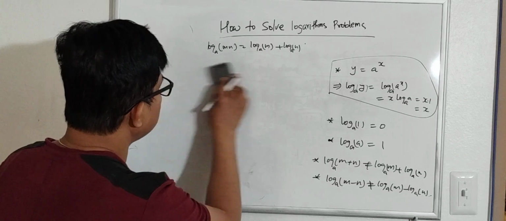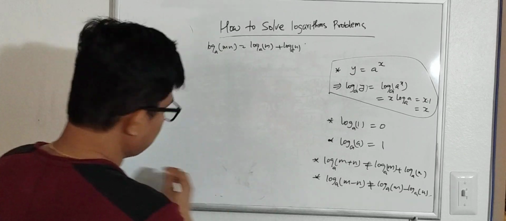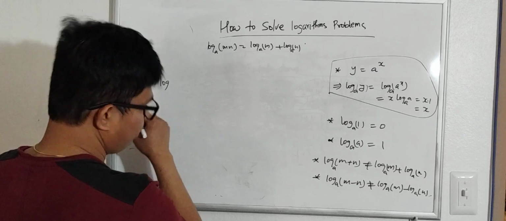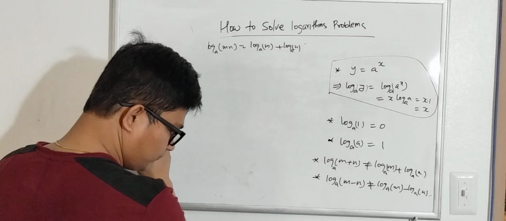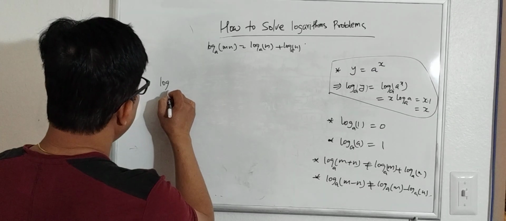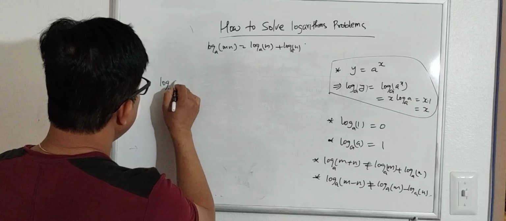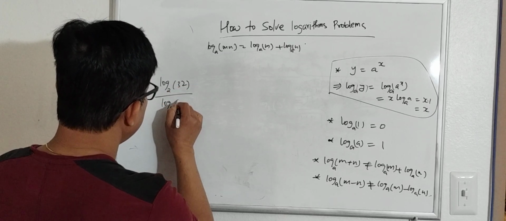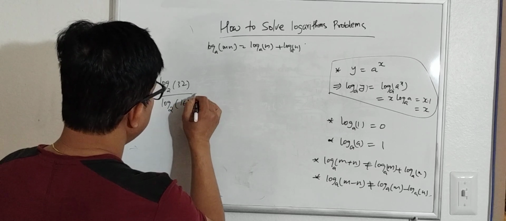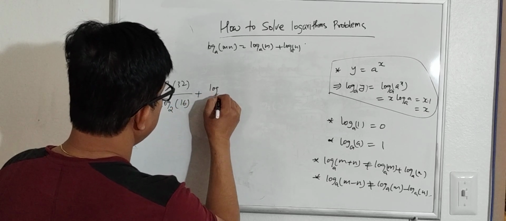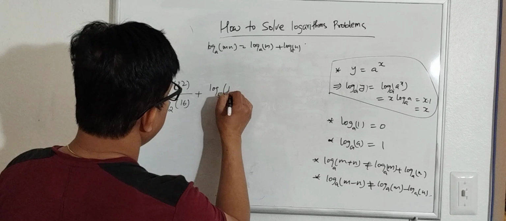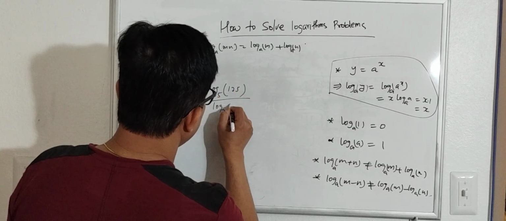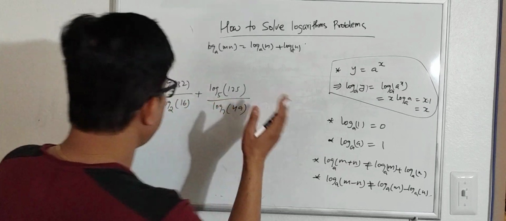Another type of question could be the basic ones. Let's say you have log base 2 of 32, log base 4 of 16, plus log base 5 of 125, divided by log base 7 of 49, something like that.